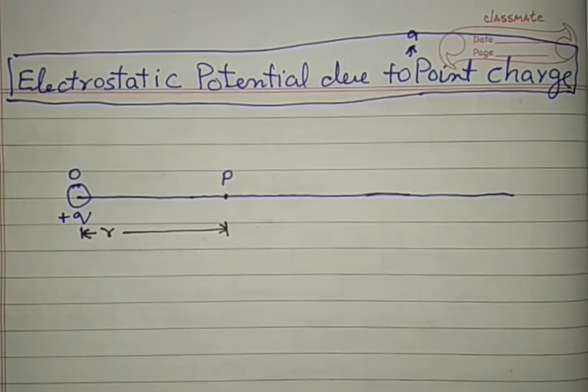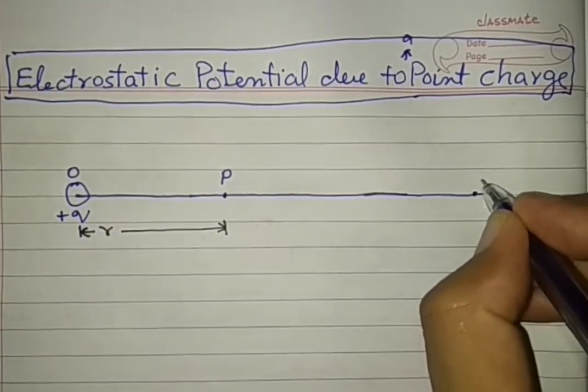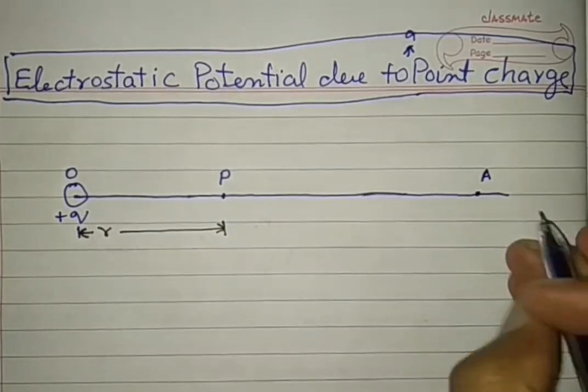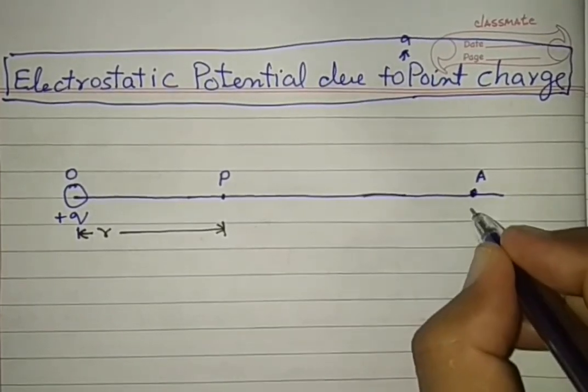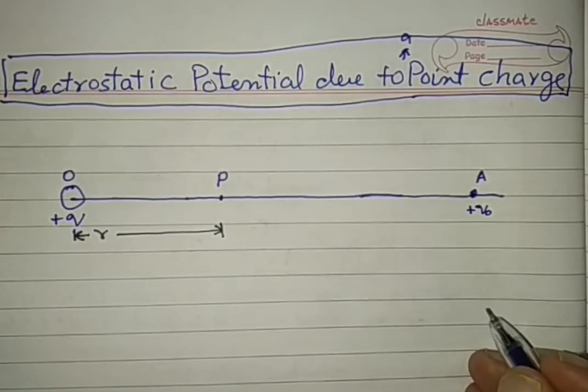Clear? The test charge is kept at this point at A. Here a small test positive charge plus Q0 is kept.